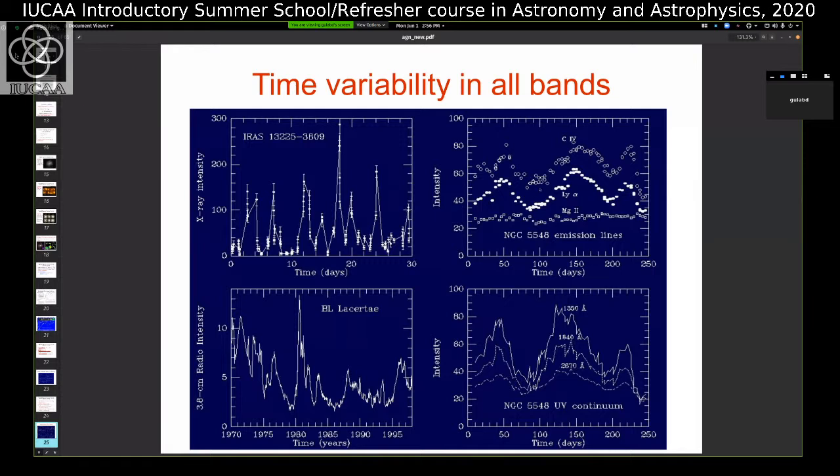In the top right panel, this is the light curve of line emission. For this AGN NGC 5548, you see how the carbon 4 line emission is varying, how the Lyman alpha line is varying, how the magnesium 2 line is varying.